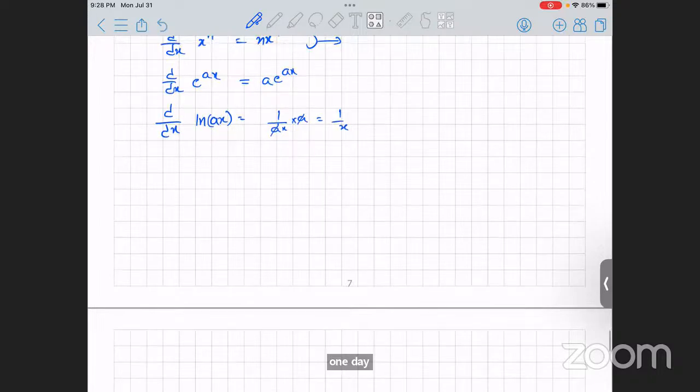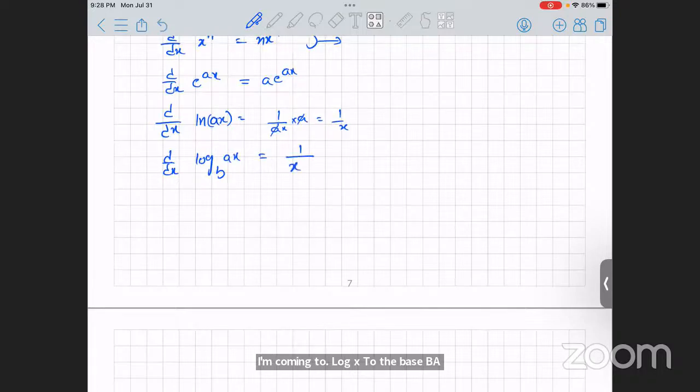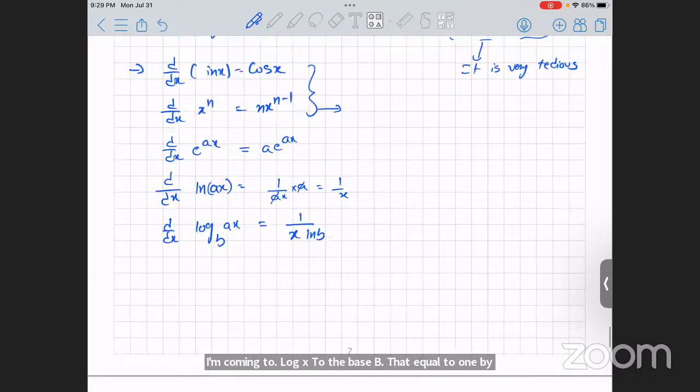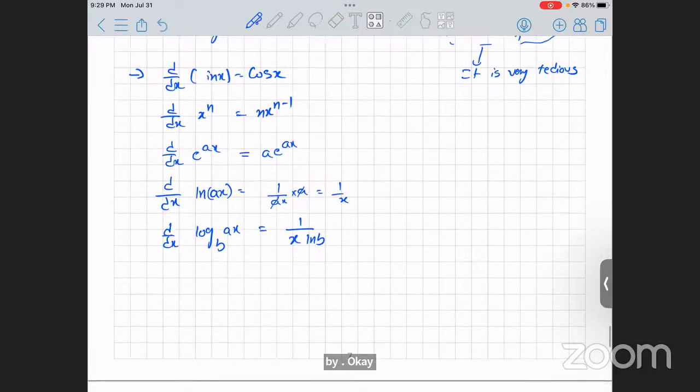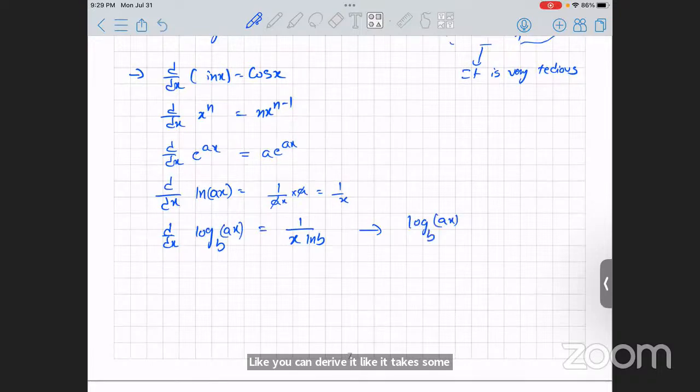And coming to d by dx of log ax to the base b, that is equal to 1 by x into ln b.